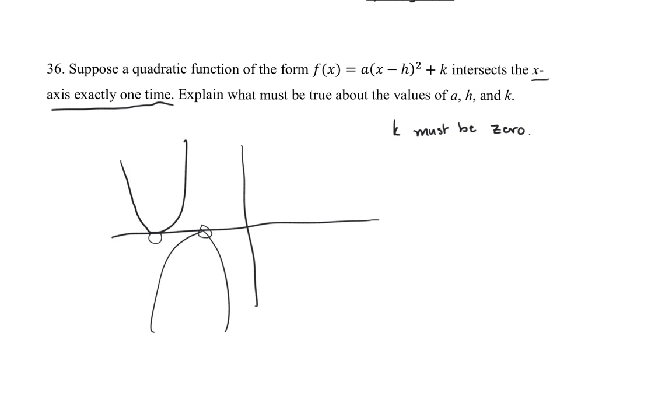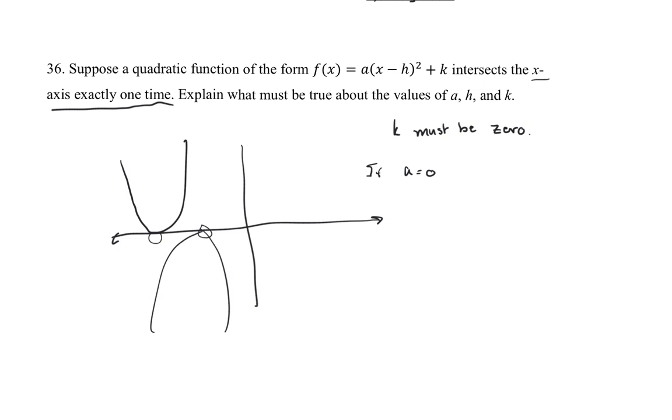Now, as far as h and a go, a is really the biggest one that has to be restricted, because if we think about it, if a, let's just say if a is equal to 0, then we're just going to have a line that looks like the x-axis.